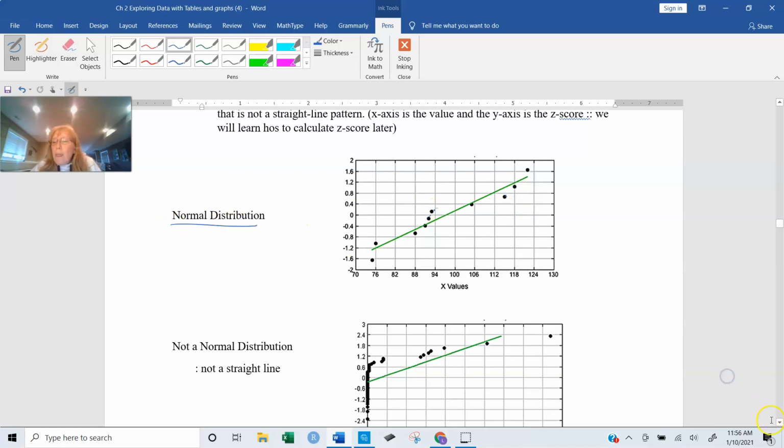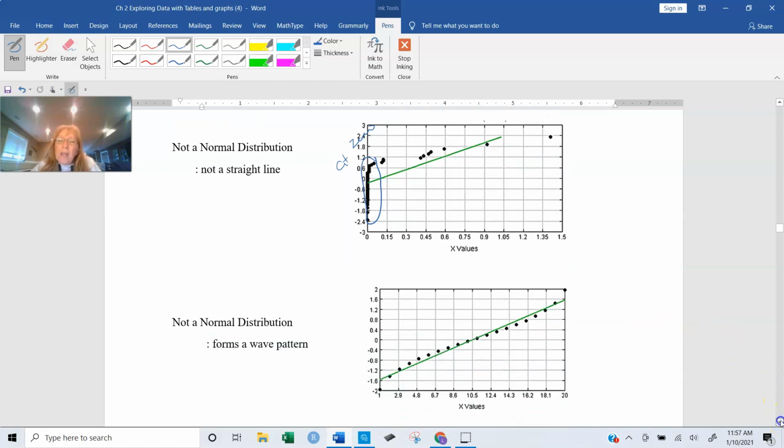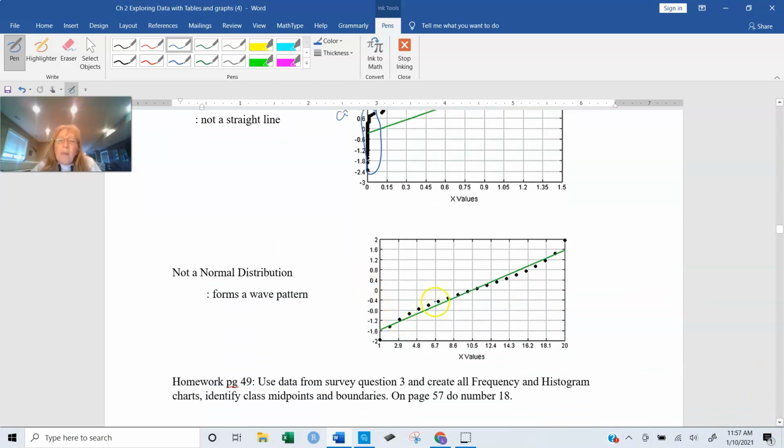Go here. This is not a normal distribution. If you look, it looks like the majority of your data is at 0. So since I have all this data here and the rest is here, it is not a normal distribution. Now this guy's tricky. If you look, the same number above as below, it follows pretty much a straight line, but when you look at your data, you can see the wave, right?